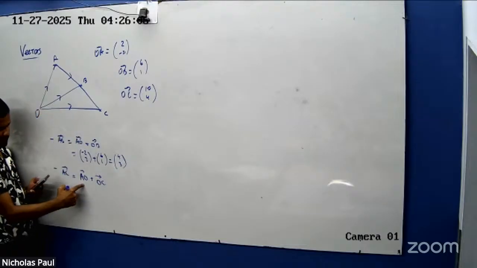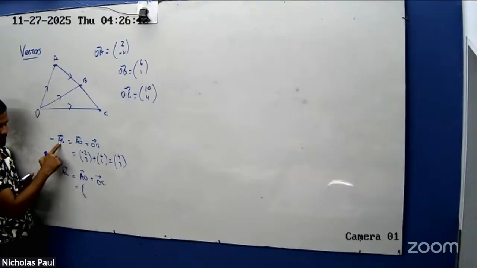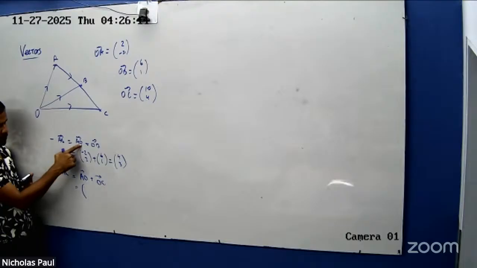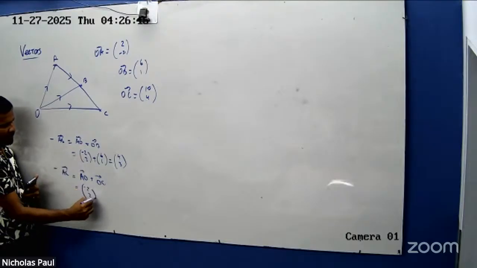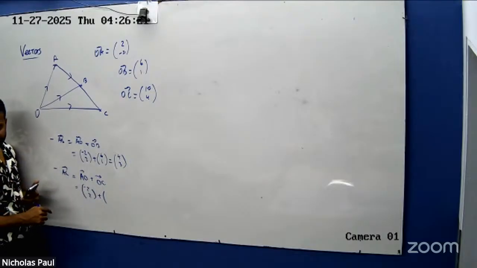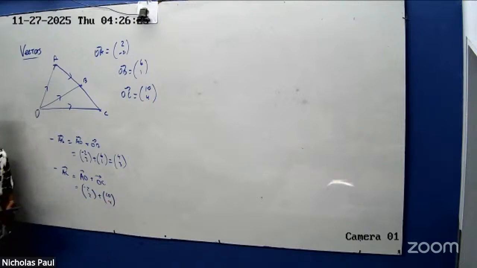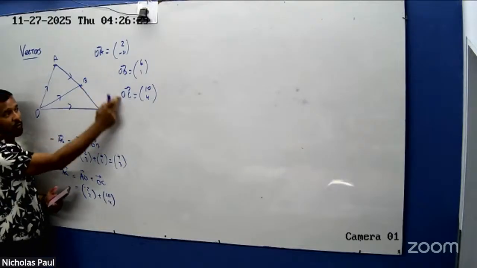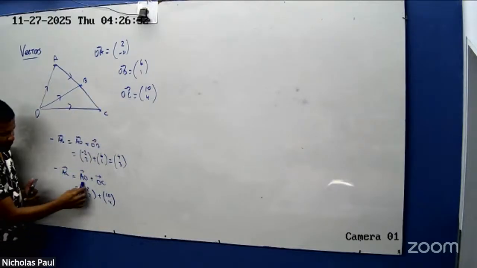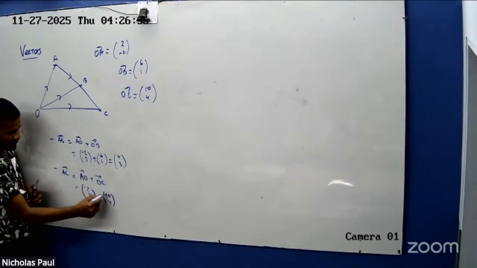What is AO? AO is (2, -2), and what is OC? (10, -4). Right? So it's important when you read a question, you fix up a diagram and you highlight all these things. So when you write this, you know where to find it, right? And here I have what? (8, -6).